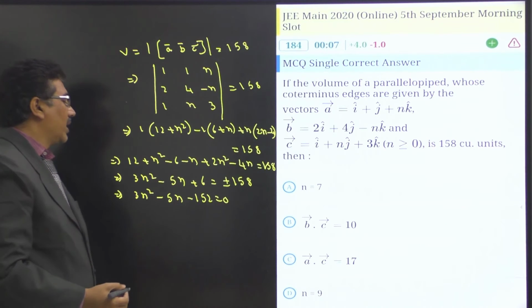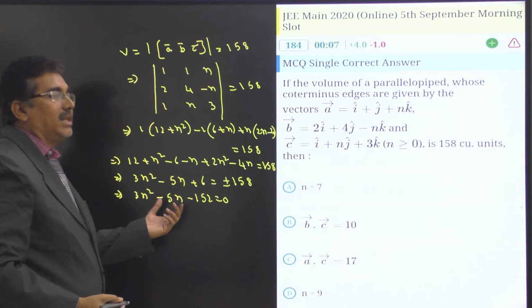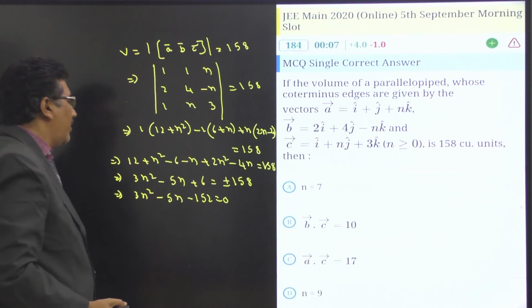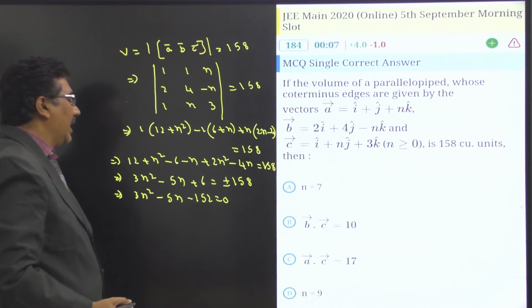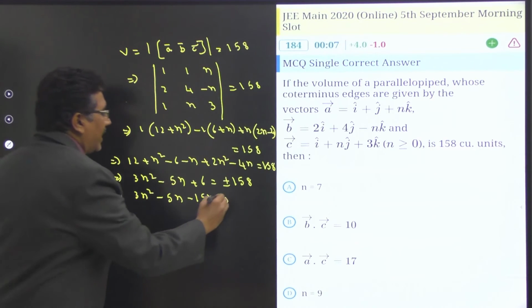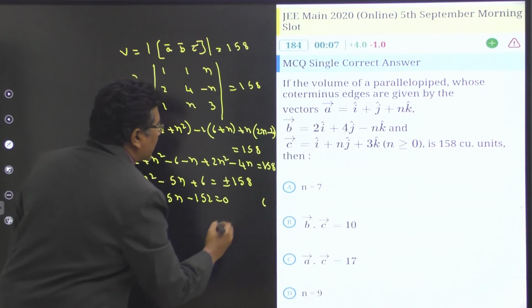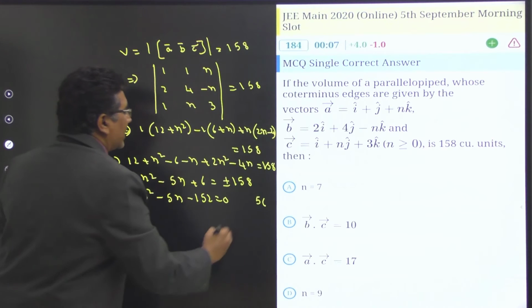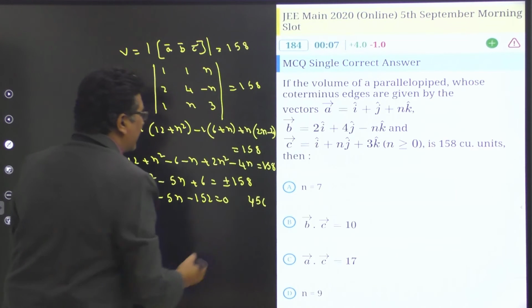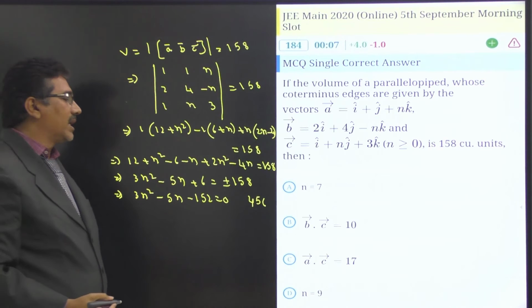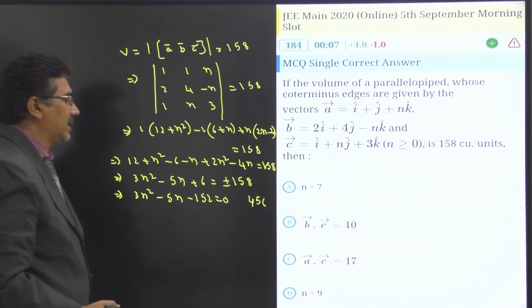Now find the value of n. What are the factors of this? 3 into 152: 3 twos are 6, 3 fives are 15, 3 ones are 3 plus 1, that is 456. Now, what are the factors of 456?